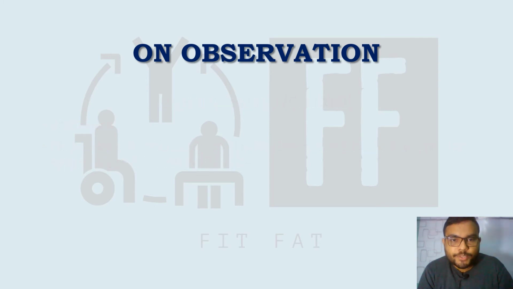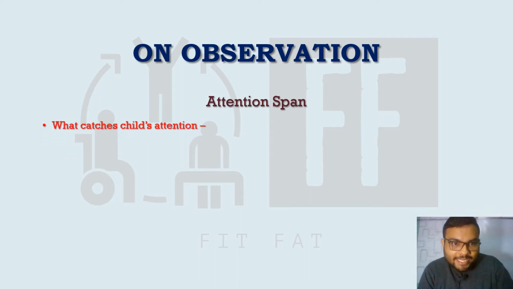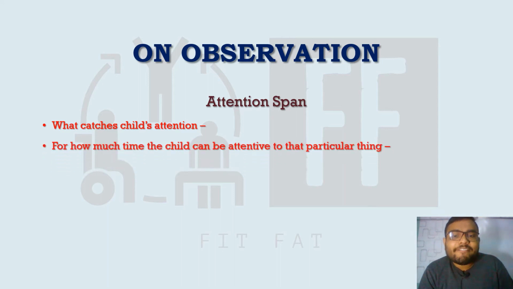Okay, so now you need to observe the attention span. Under this, you need to check what catches the child's attention. If it is a colorful toy or something like that. And if it is really catching the child's attention, then how much time the child spends on that particular thing with proper attention.